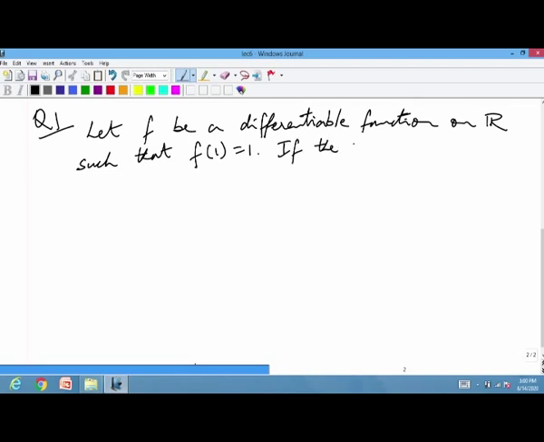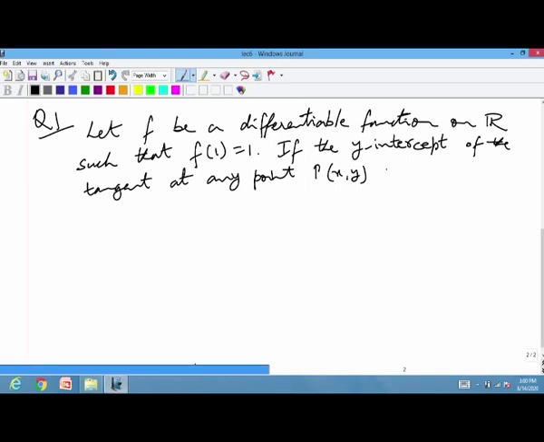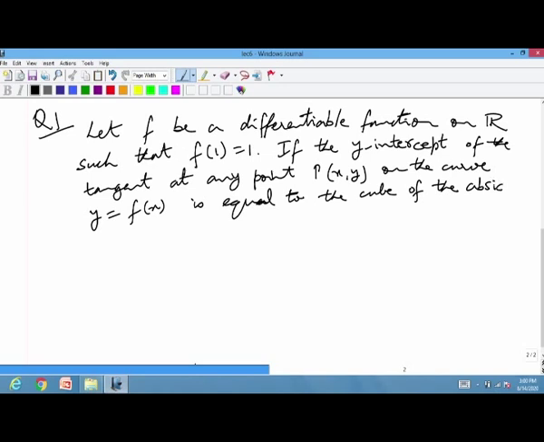If the y intercept of the tangent at any point P(x, y) on the curve y equal to f(x) is equal to the cube of the abscissa of P, then find the value of f at minus 3.